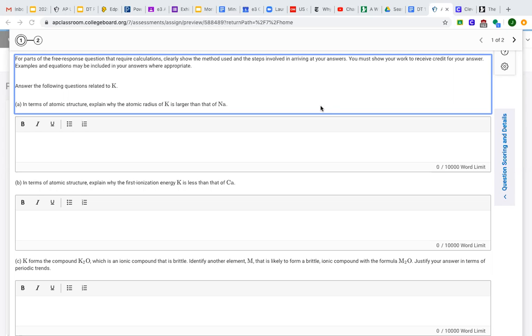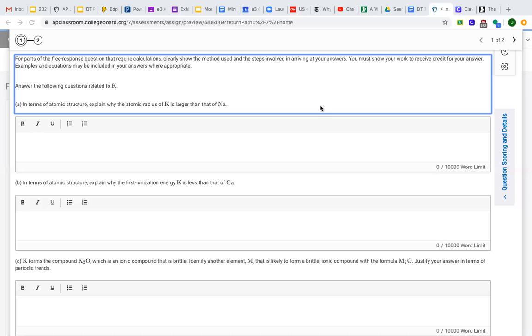Yeah, exactly. Potassium has an extra inner shell. Sodium's inner shells are principal energy shells 1 and 2, whereas potassium's inner shells are principal energy shells 1, 2, and 3.